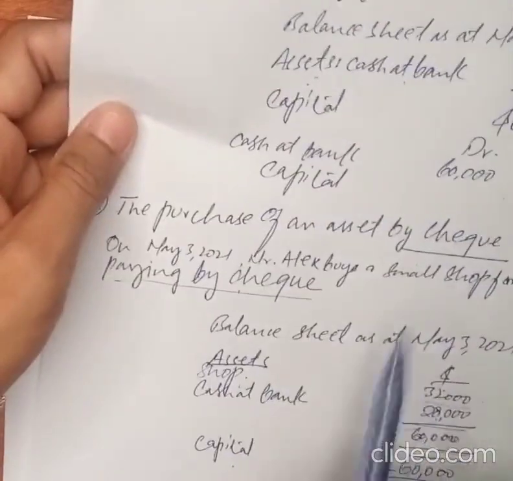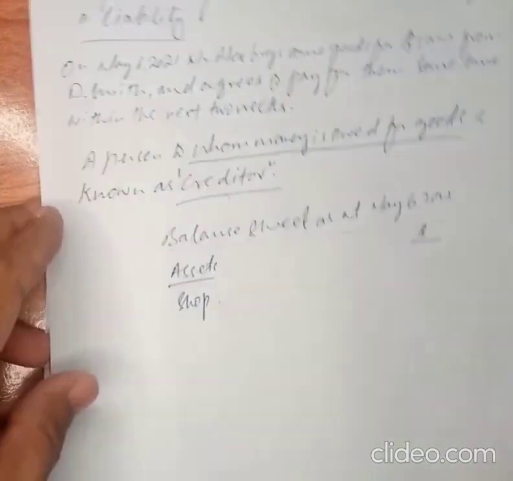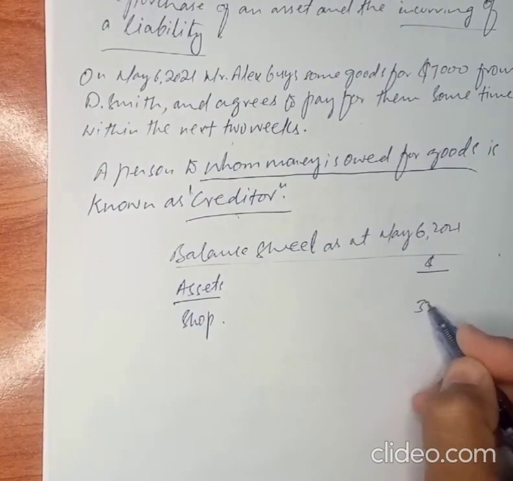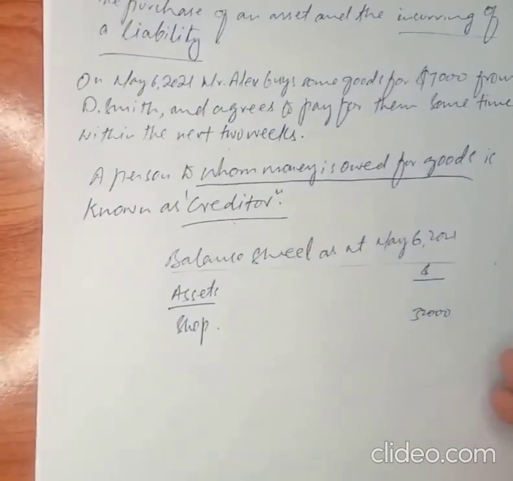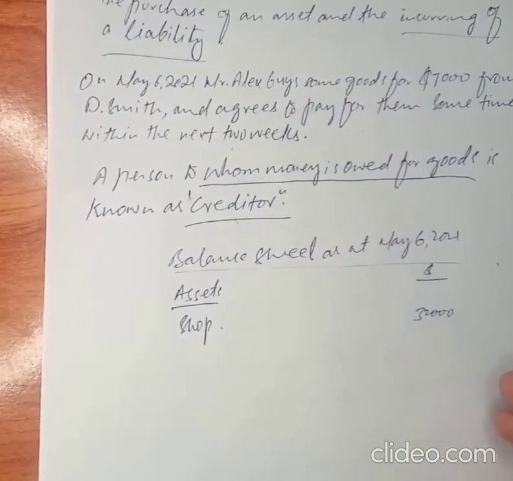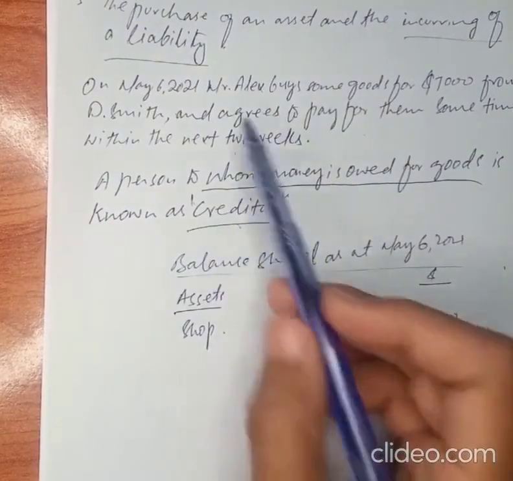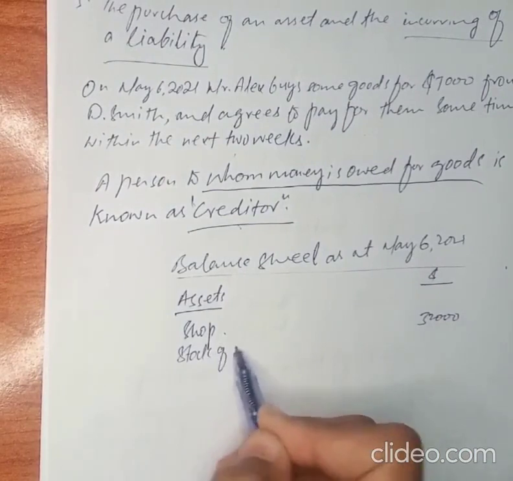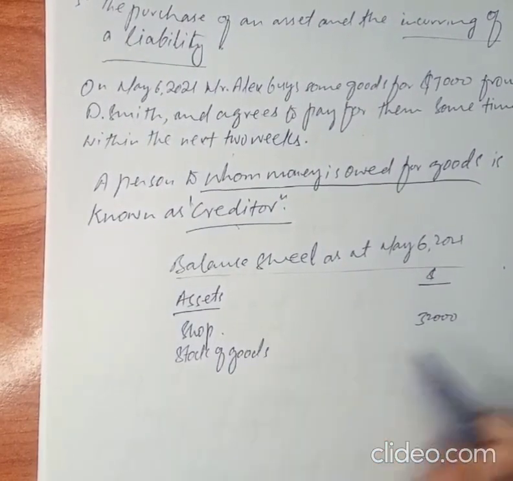This is the continuation of the transactions. The shop he purchased initially, $32,000, and then stock of goods, $7,000.